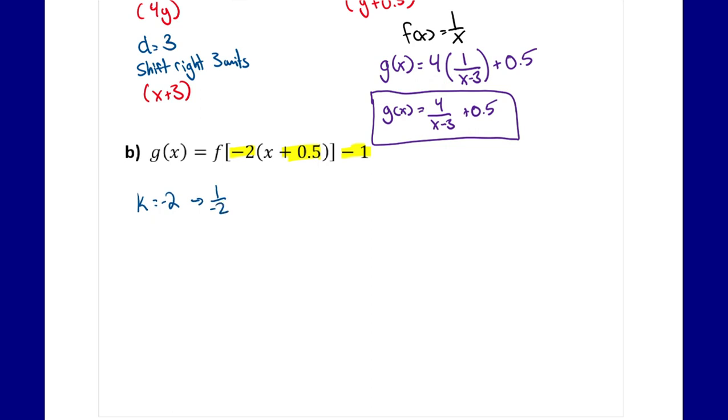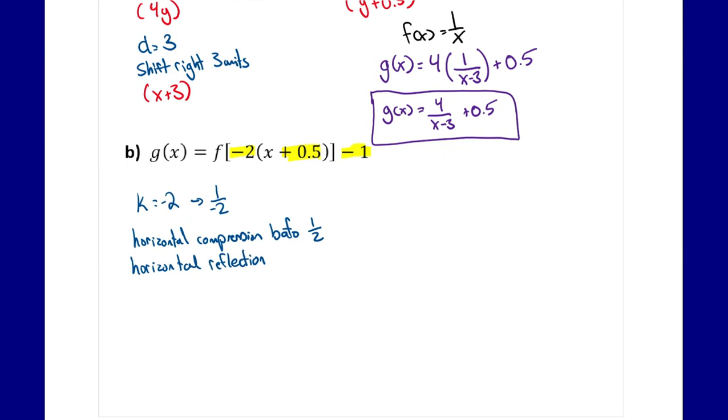Because our factor that we apply is the factor of 1 over K. So this tells us we have a horizontal compression by a factor of 1 over 2. We also have a horizontal reflection because of the negative value.